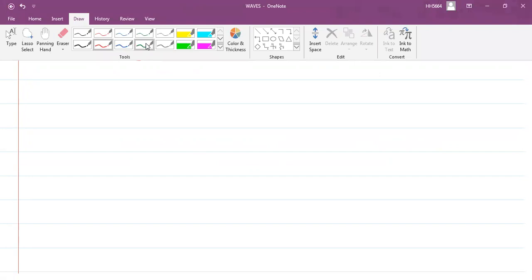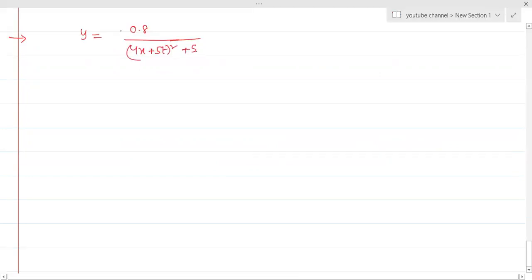Here in this question, we need to check the velocity as well as the propagating direction, and we need to check the nature, whether this is symmetric or not symmetric.